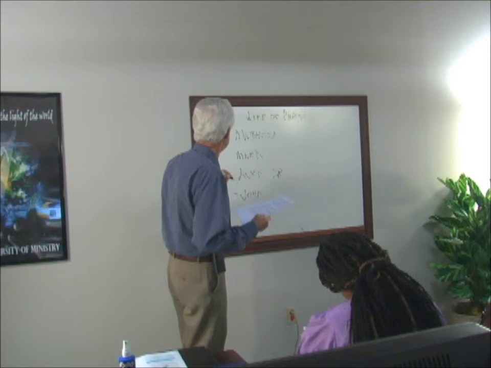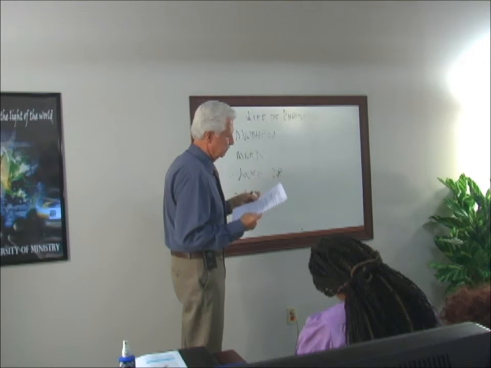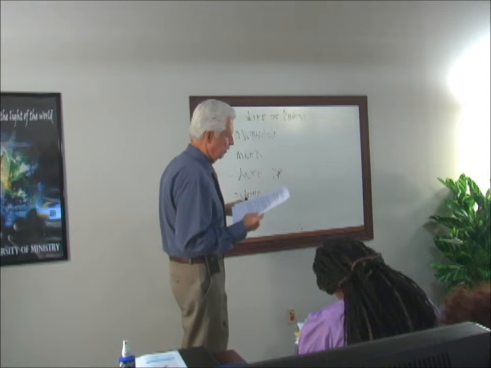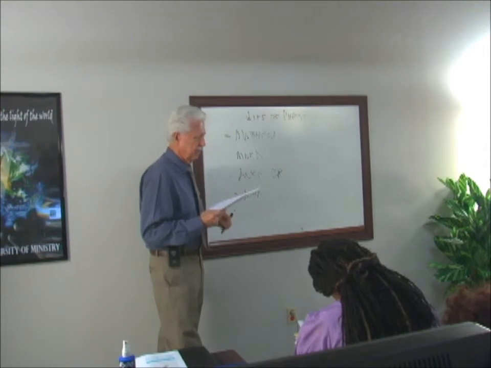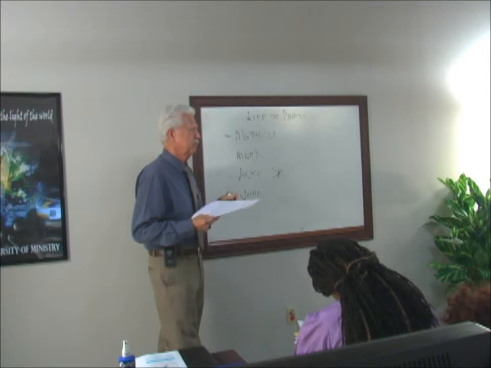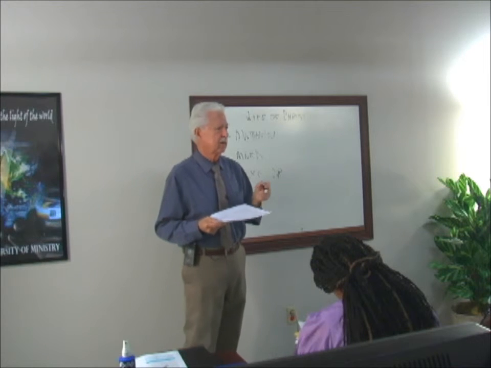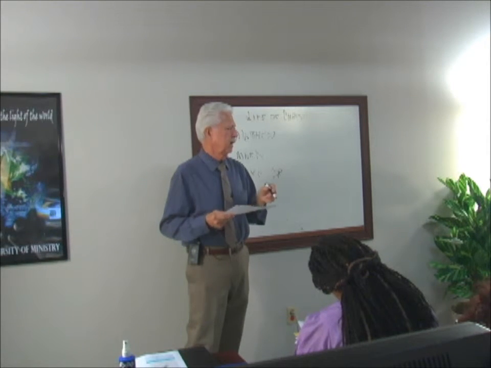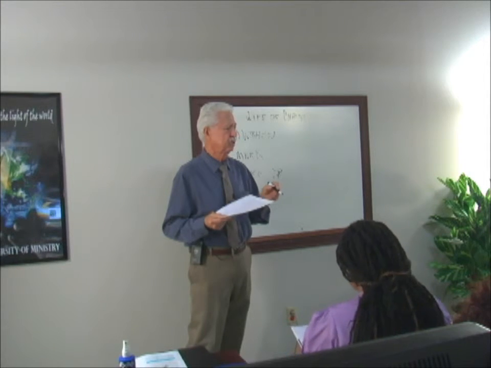Okay? So let's look at Matthew first. The name Matthew means gift of the Lord. May or may not be some importance to you. The dates, I'm going to give you some approximate dates as to when they think these Gospels were written. I wouldn't put a whole lot of emphasis on the dates. They're just ballpark dates.